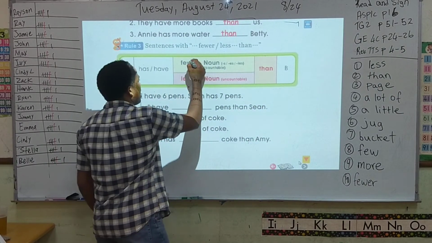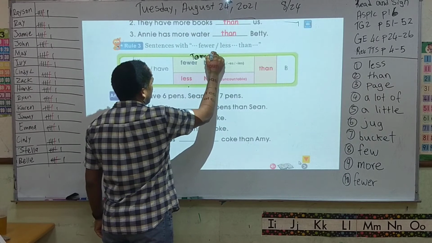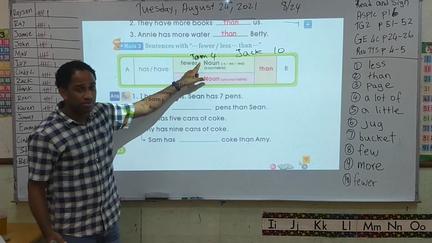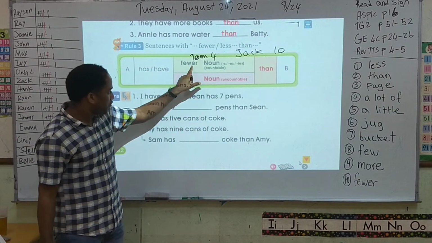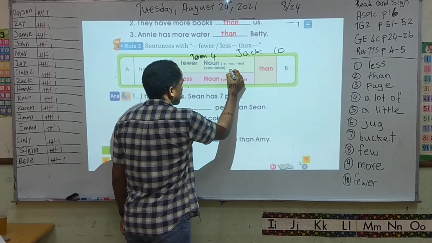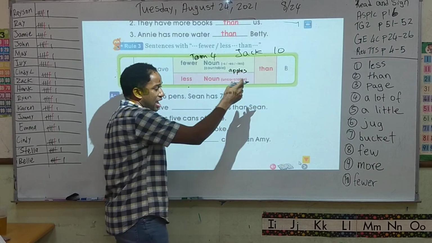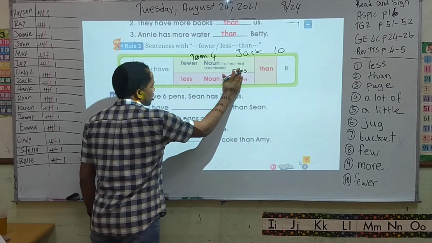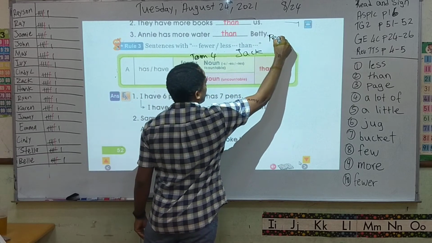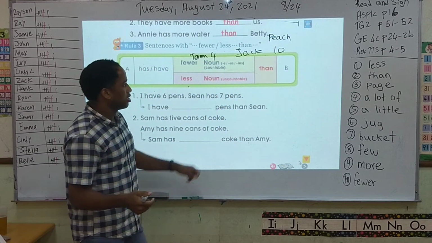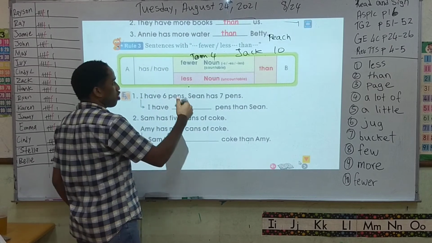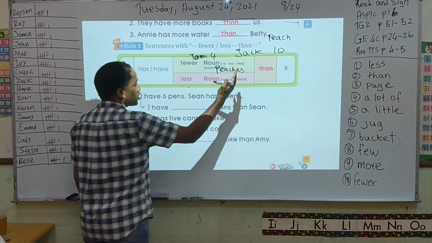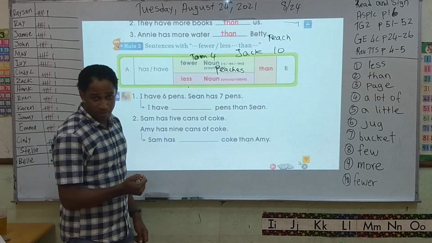Tom has 4, Jack has 10. So who has fewer? Tom. So Tom has fewer apples than Jack. Let's say peach, P-E-A-C-H. Tom has 4 peaches, Jack has 10 peaches. So Tom has fewer peaches, P-E-A-C-H-E-S, than Jack.